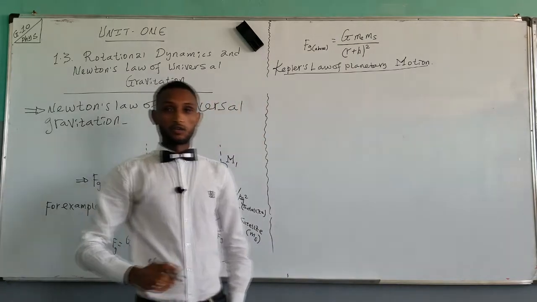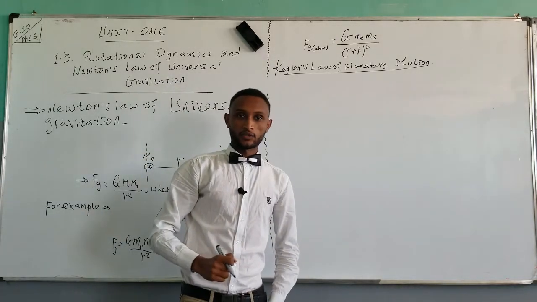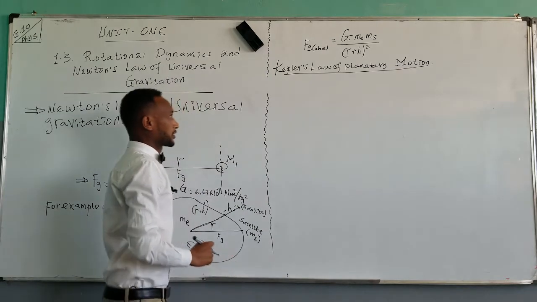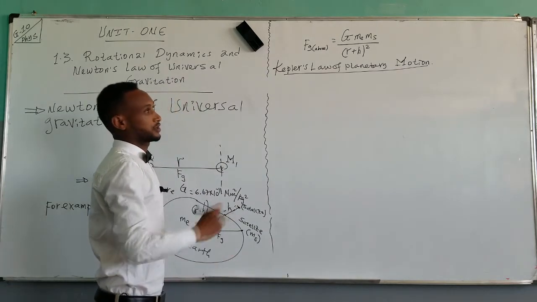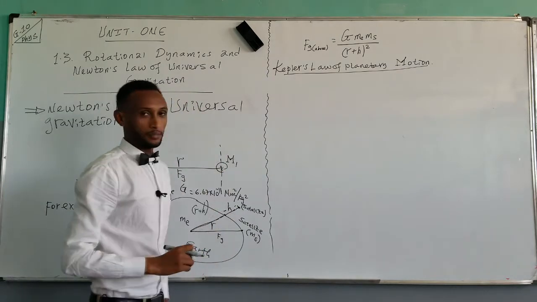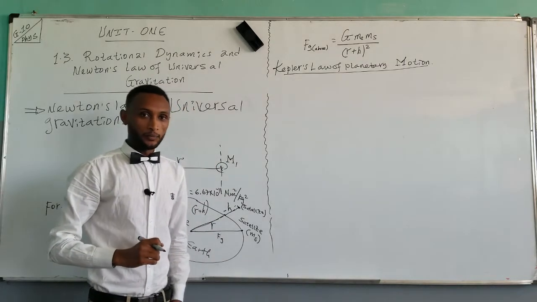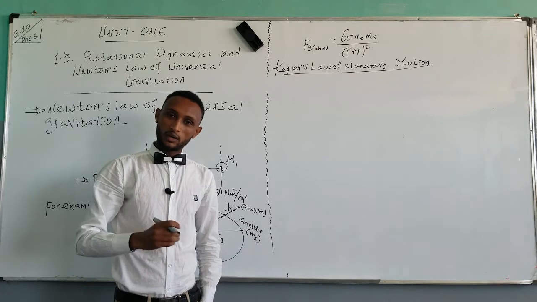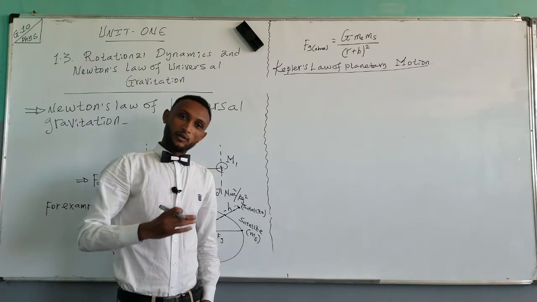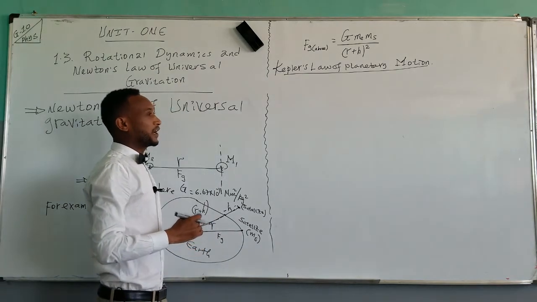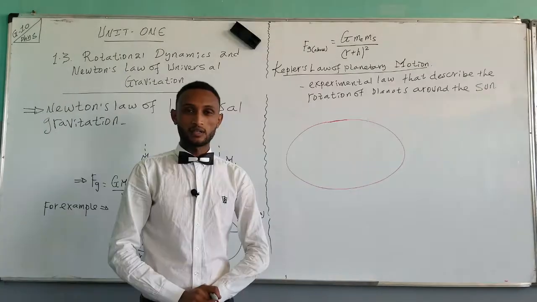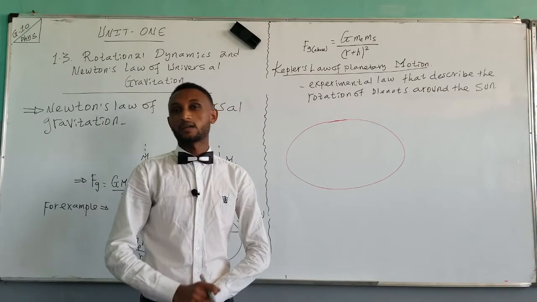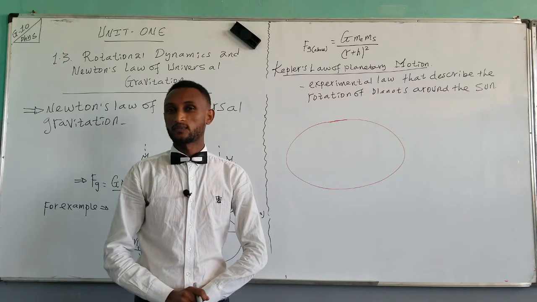Kepler's law of planetary motion. Johannes Kepler delivered three laws of planetary motion. These are experimental laws which describe the motion of the planets around the sun.